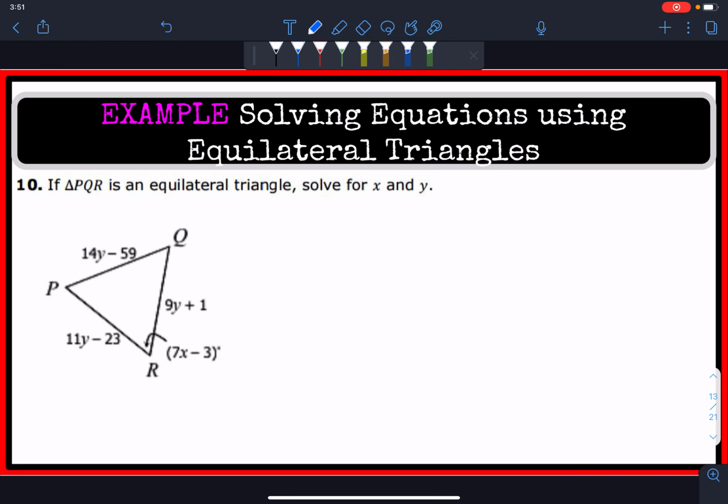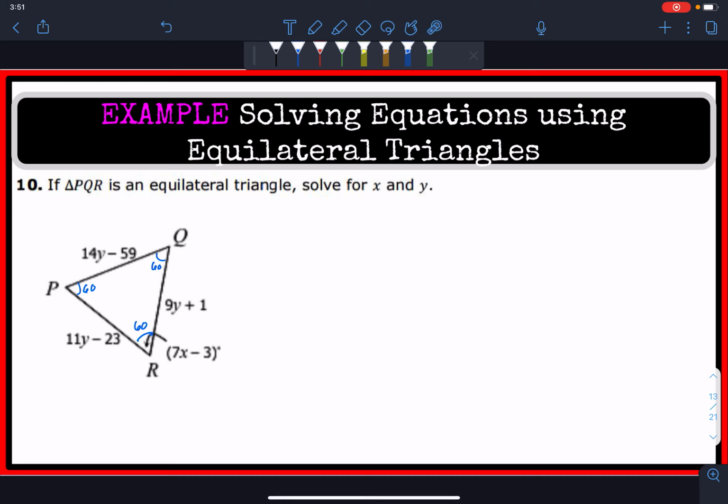Now, to set up and solve equations, the idea again is the same. If we know that the triangle is an equilateral triangle, then we know that all the angles have to measure 60 degrees.